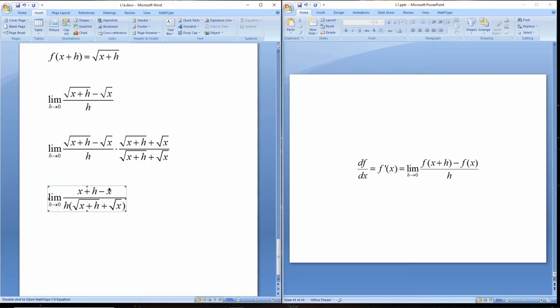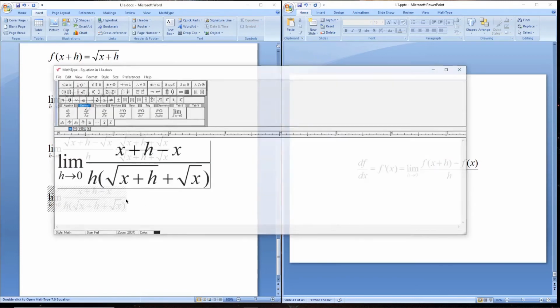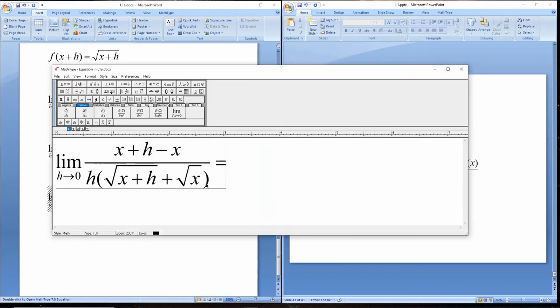And now we will simplify. See what we can do. In the numerator, we have x minus x. So that'll subtract out.